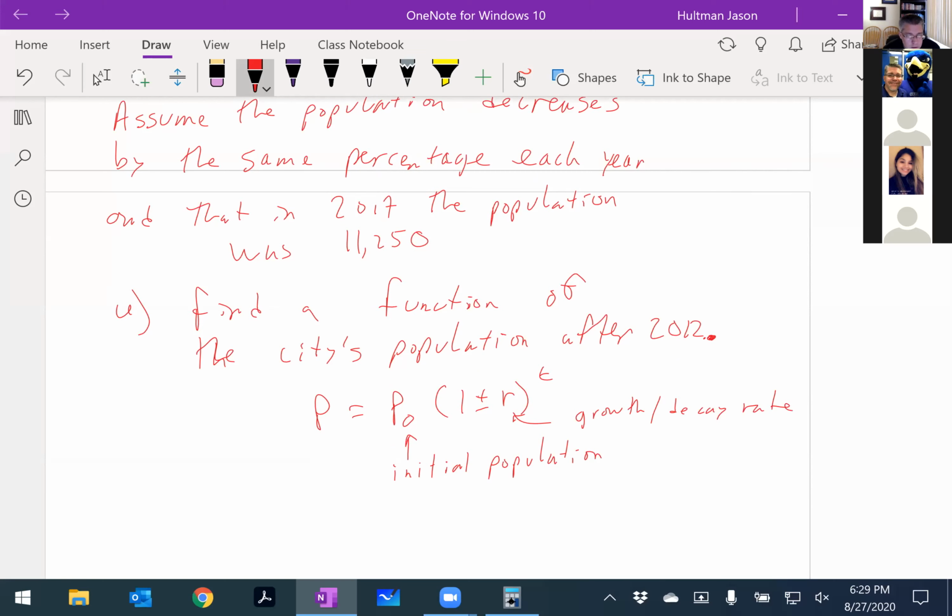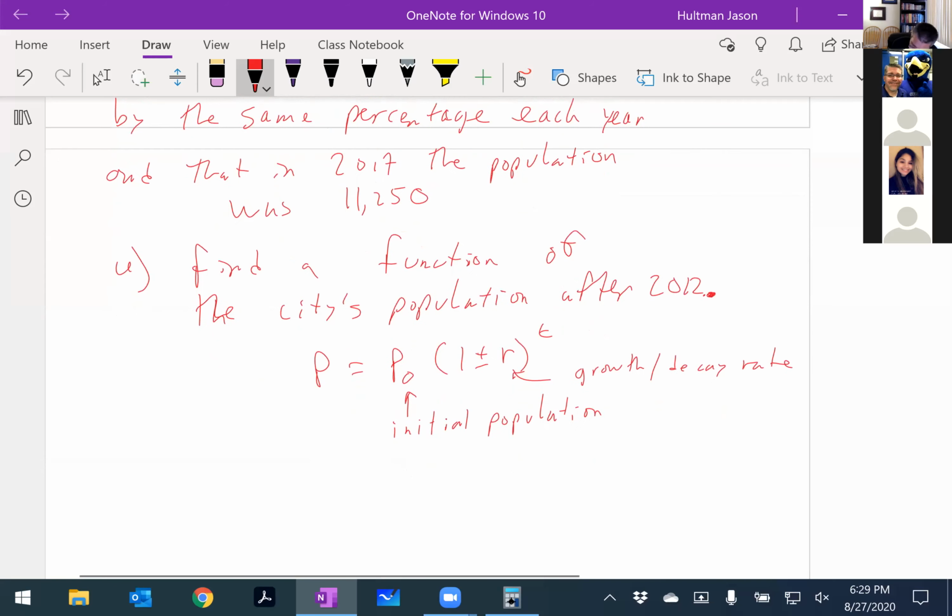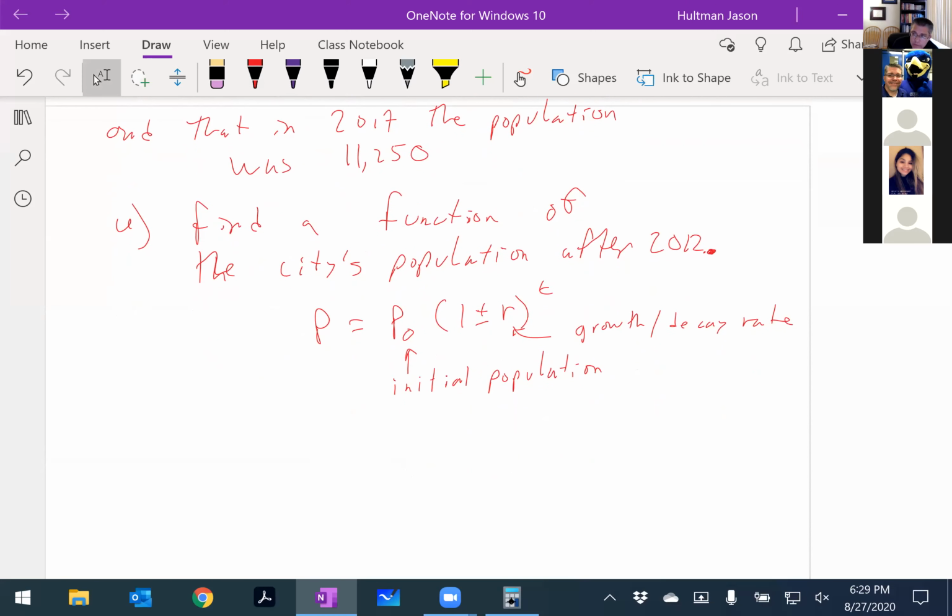So what I'd like to do is calculate what this decay rate is. The way that we're going to do this is we're going to use the information that's given to us.